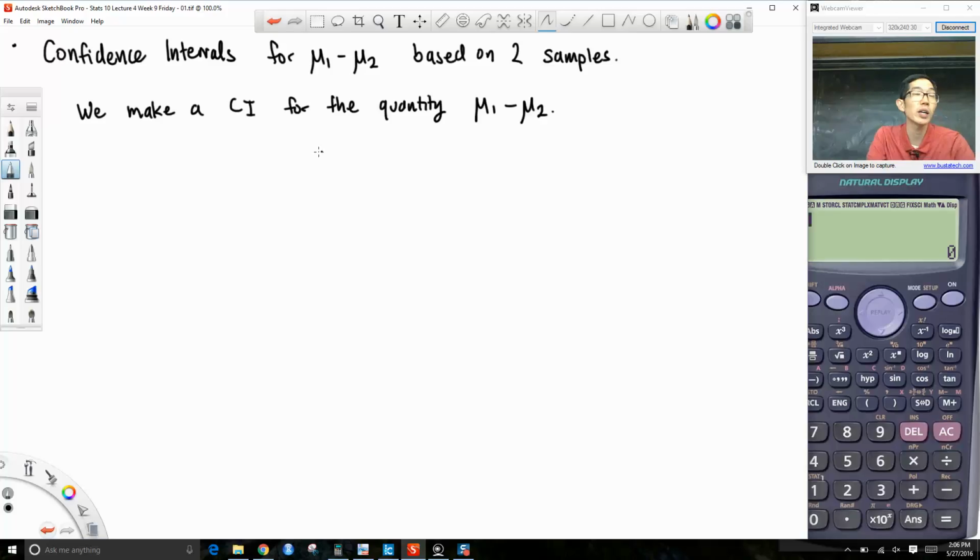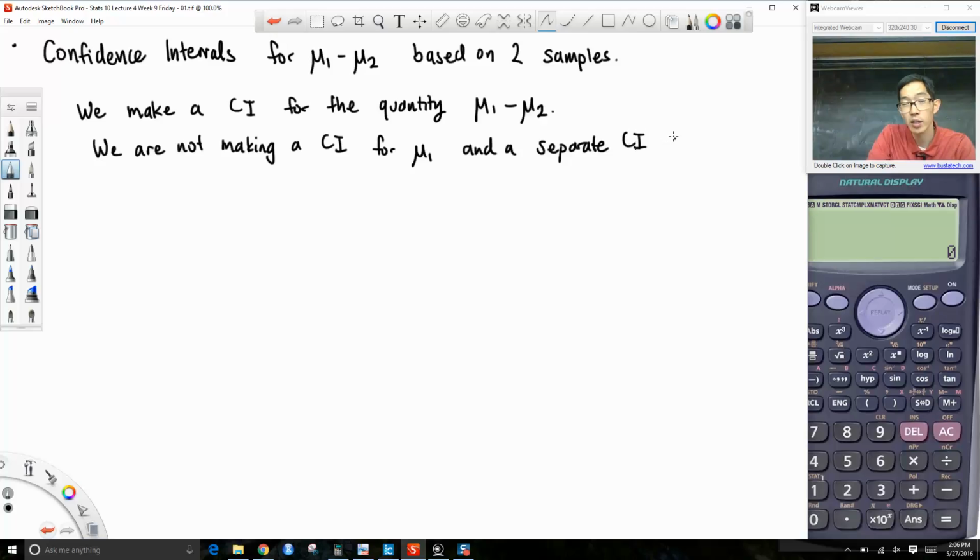We are not making a confidence interval for mu1 and a separate confidence interval for mu2. We're looking at the quantity mu1 minus mu2.